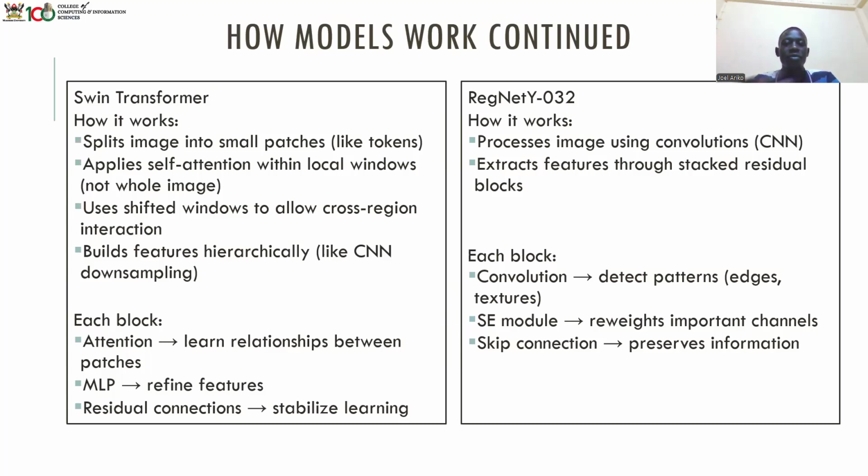So basically, when you check how these models work, all of them follow the same procedure: the image goes through processing where features are extracted, then normalization, optimization, everything is done through the pipeline until we come up with what we call a predicted value, which helps us to make informed decisions.